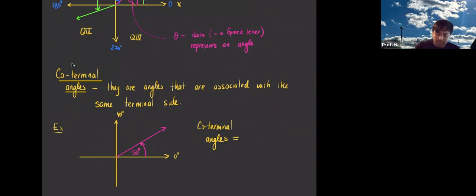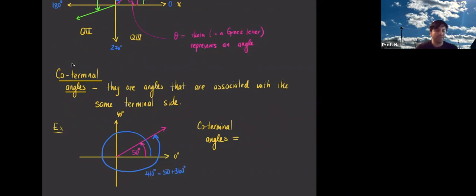So if you tell me I went 50 degrees counterclockwise and then I added another 360 degrees, I come right back. So then this angle here, you see that? This angle here is 410 degrees because I took 50 and I added 360 to it.